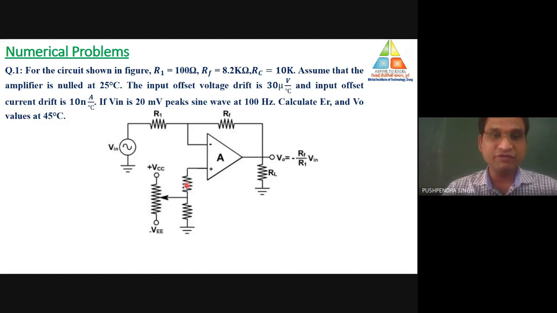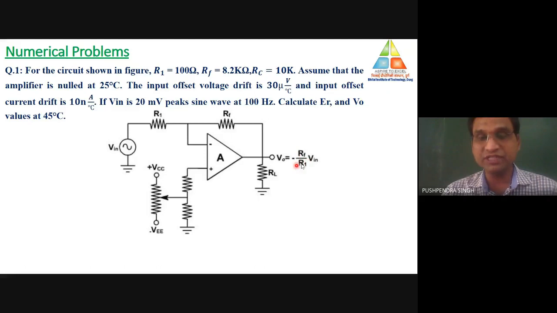So suppose at the starting we have set the value of output voltage as 0. By applying some input offset voltage, we made the output voltage exactly 0. But due to a change in temperature, the input offset voltage is changing, which we have discussed as input offset voltage drift. So due to that drifting, the value of input offset voltage is changed.